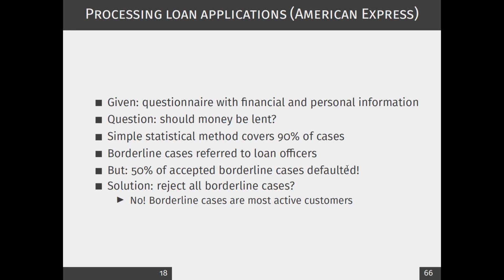Now, once they collect everything, the question is, should the bank give you the loan you have requested, right? And usually, most of the time, you can use simple statistics to solve this problem. No issue. But there are some marginal cases where we have 50-50, right?